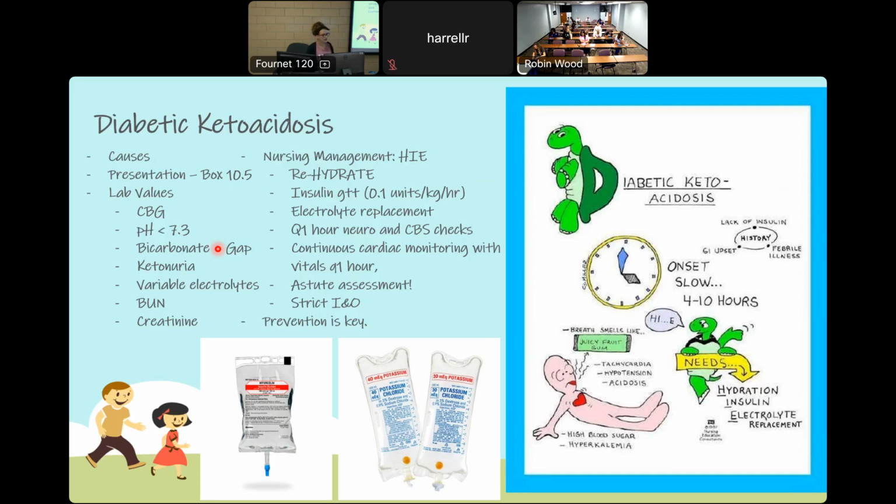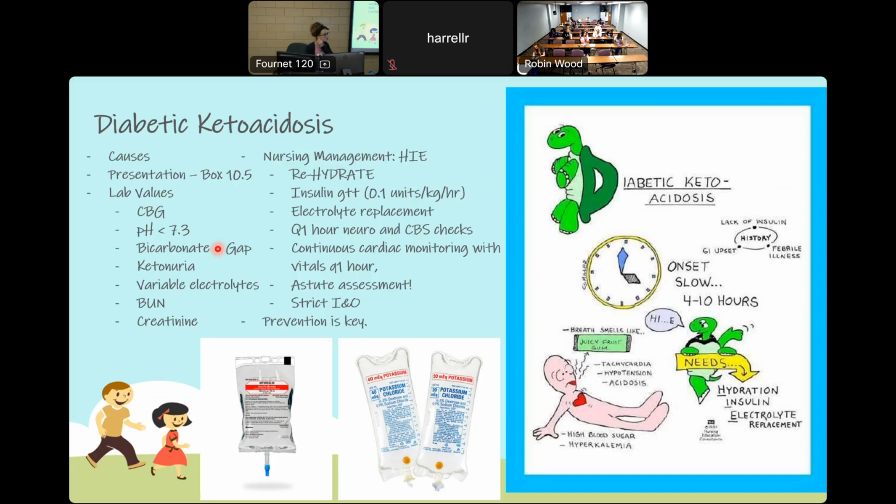These are all things that we're looking at, and the provider is looking at, once we start intervening, for all of these numbers to come back within normal limits. And that's how we know we fixed the patient. Fixed. Ketonuria, they're going to have massive ketones in their urine, massive ketones in their blood typically.